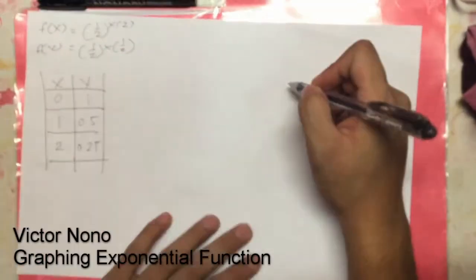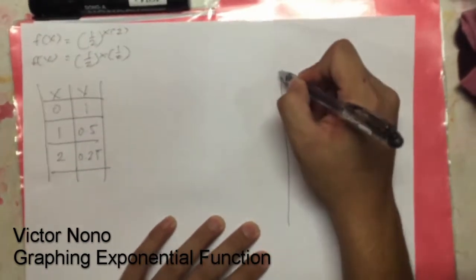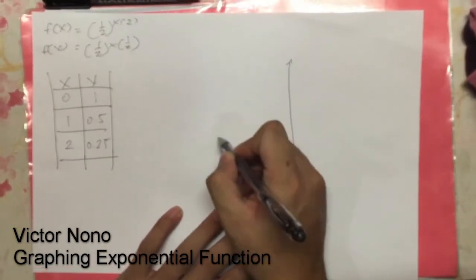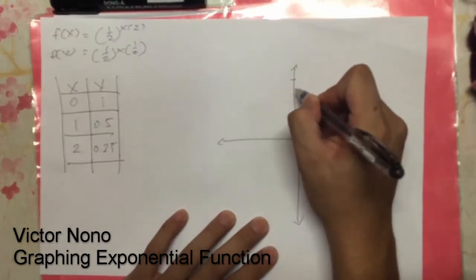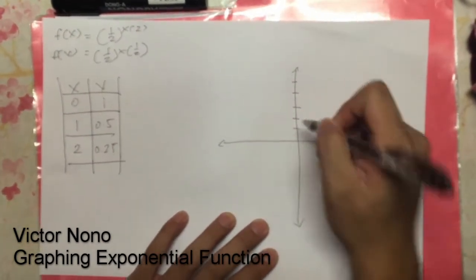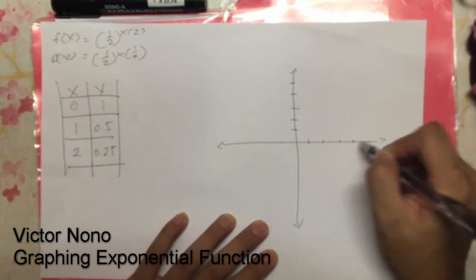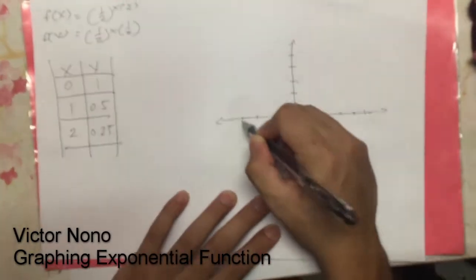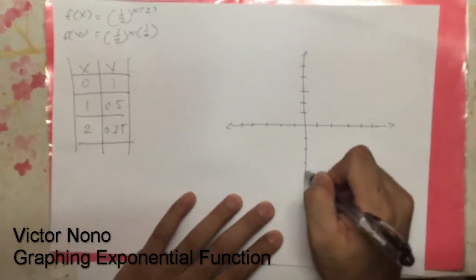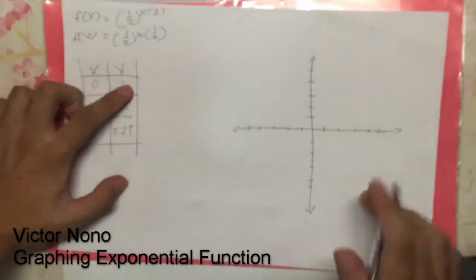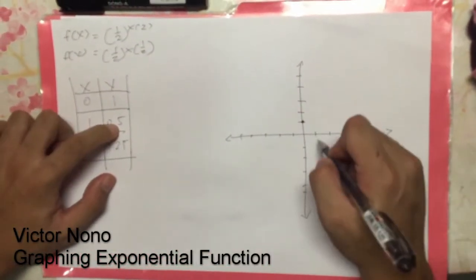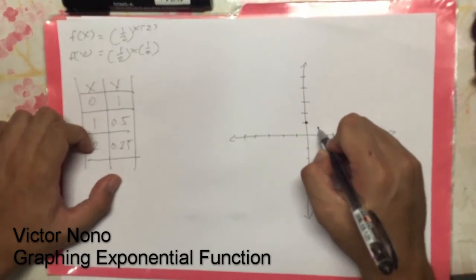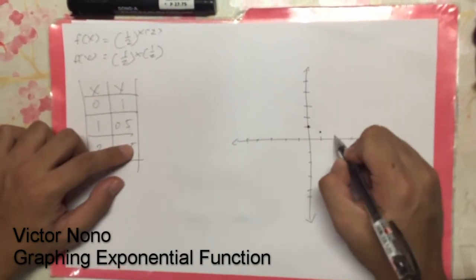So let's graph. 0 and 1, 1 and 0.5, 2 and 0.25.